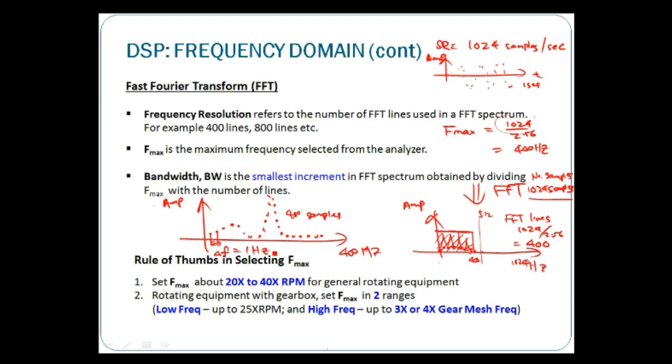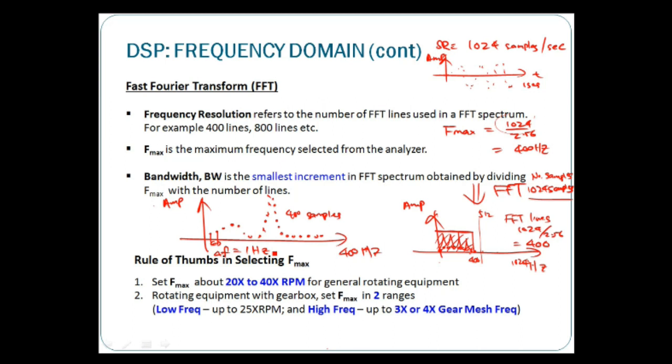Frequency resolution refers to the number of lines used in the frequency spectrums. Here is how many samples you have in your 0 to Fmax. That is your FFT lines. In other words, frequency resolution is also called the bandwidth, BW, the smallest increment in your FFT frequency spectrum. How you get it is Fmax divided by your FFT lines.